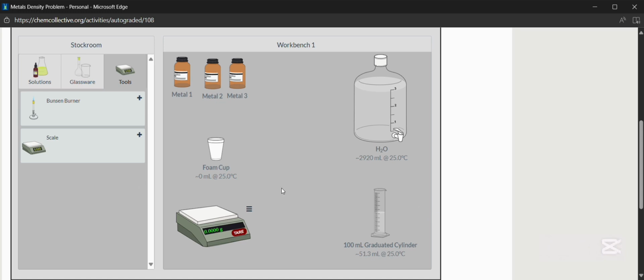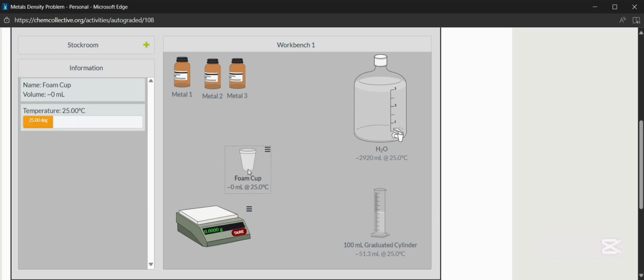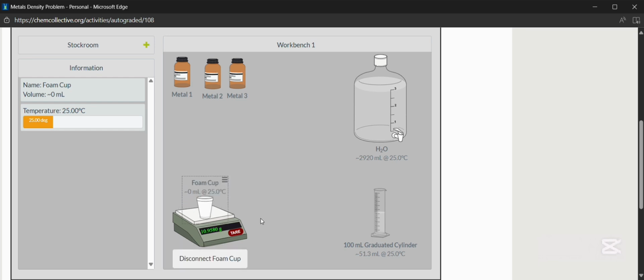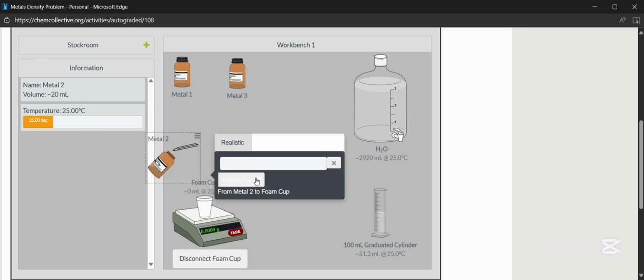So we're going to be finding the second metal, which would, of course, measure our first cup. We're going to tare that, and we're going to pour our second mixture. So we have our mass, 59.87 grams that was transferred.